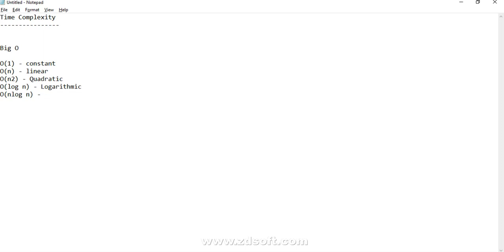And order of n log n is similar to log n, in that we are dividing our input into smaller pieces and then combining the output or result of each of those steps to get our final output. So this is about the time complexity.